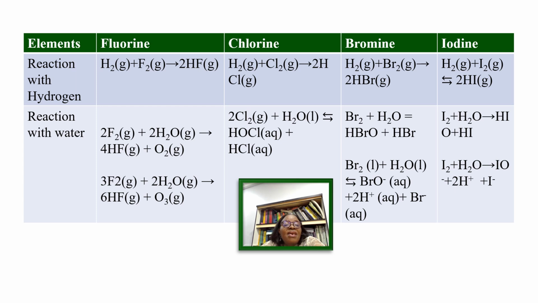Here we are looking at their reaction with hydrogen and their reaction with water. We can see that fluorine reacts with hydrogen to form hydrogen fluoride, and it is an explosive reaction, even in cool, dark conditions.